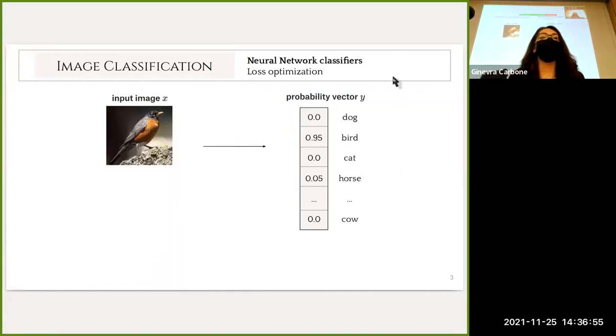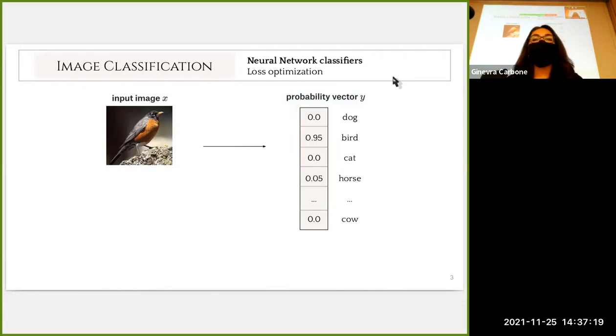So let's suppose that we want to perform image classification on a data set of images. For example, we have this input image X, which is a bird, and we want to be able to associate a probability vector to this input image X. Why is it called a probability vector? Because all the components in this vector sum up to 1.